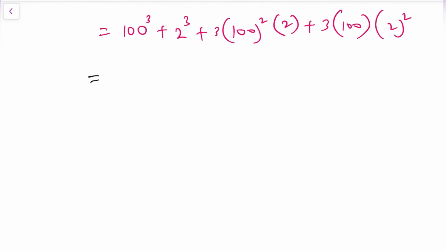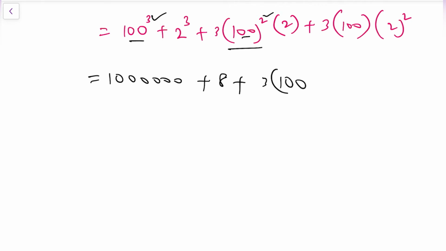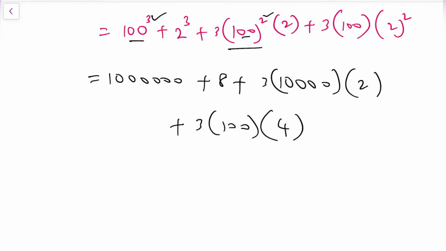Now 100 cube is there, so here 2 zeros, power is 3, so 2 threes are 6 zeros completely. Plus 2 cube, 8, plus 3 into 100 square, here 2 zeros, power 2, 2 twos are 4, so 4 zeros, into 2, plus 3 into 100 into 2 square, 4.